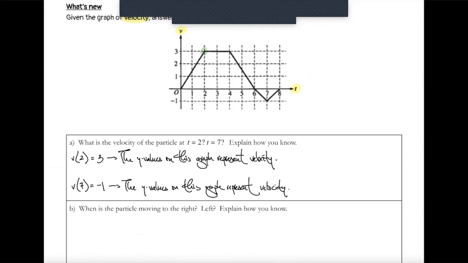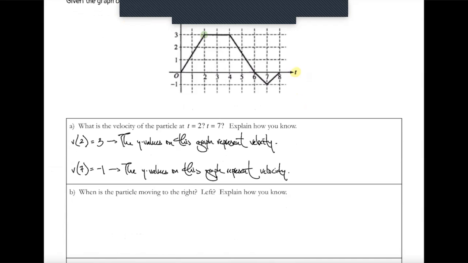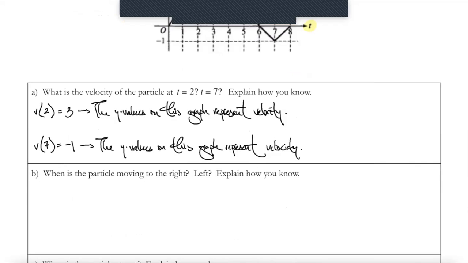All right, so we have our velocity graph, and we found that the Y values on this graph represent velocity, which allowed us to answer question A. So the next question is this: when is the particle moving to the right, and when is it moving to the left?